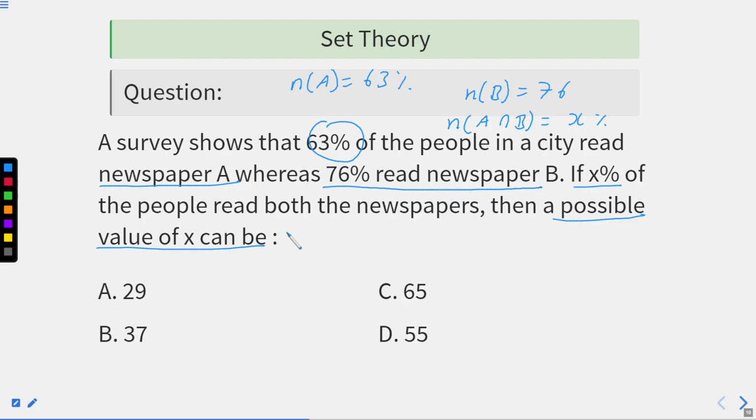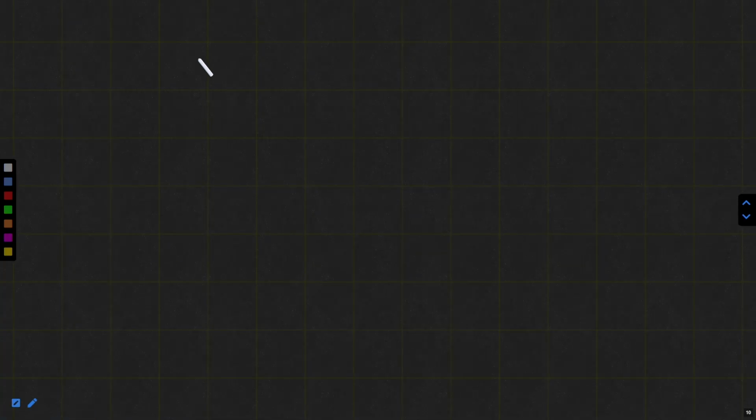We will try to set up our equations and inequality.